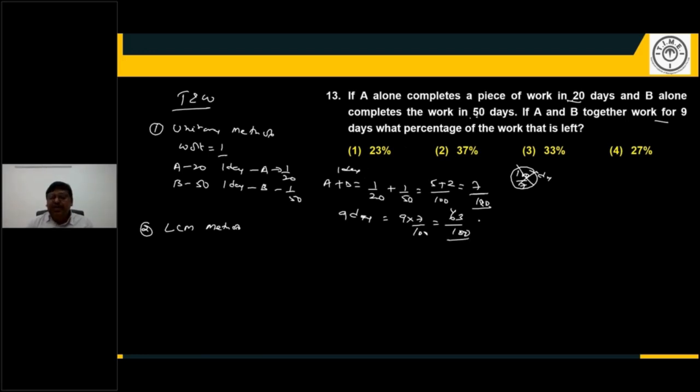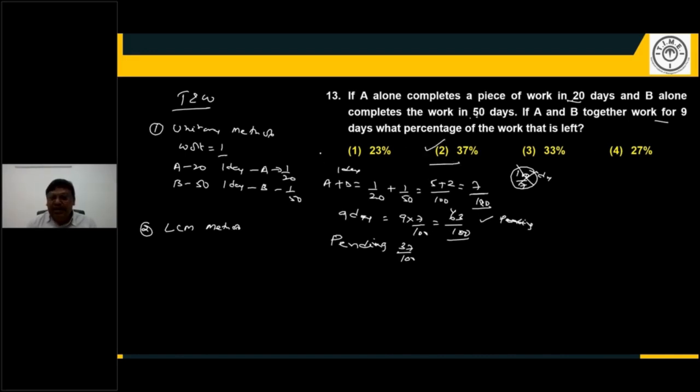If 63% work is completed, the pending work will be 37%. 37 by 100, or 37%, is pending.